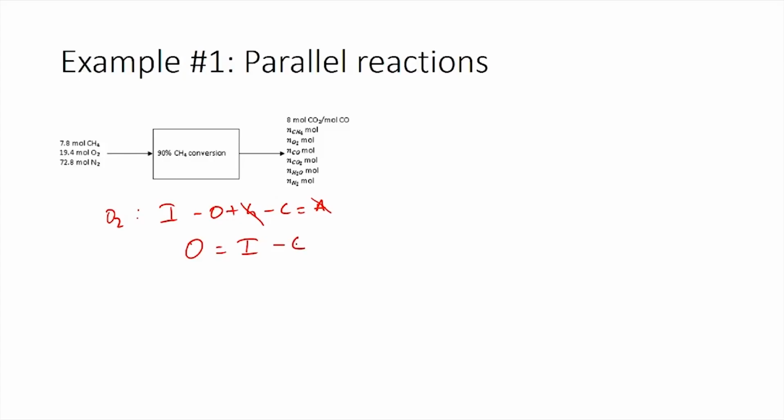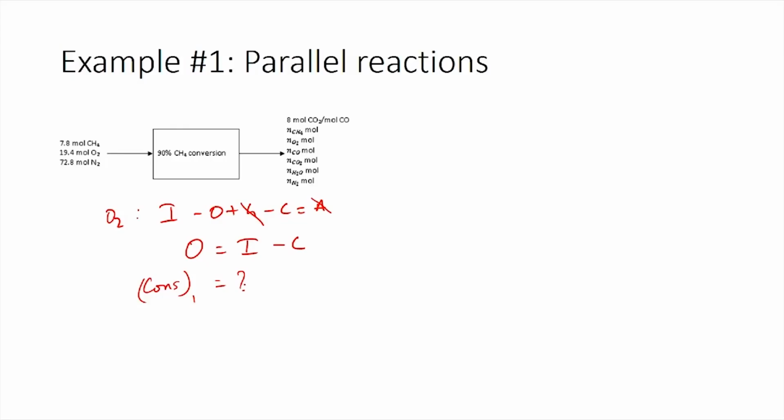Oxygen is consumed in both the reactions. So consumption in reaction 1 would be what? From the stoichiometry, you know that for every mole of carbon dioxide produced, you have 2 moles of oxygen consumed, and for every mole of carbon monoxide produced, you have 1.5 moles of oxygen consumed.